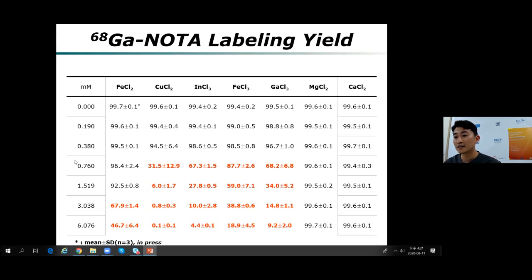After adding 0.760 millimole of copper to the gallium-NOTA labeled compound, the gallium was inhibited by 31%. Not detached, just inhibited. Indium inhibited the gallium labeling by 67%, and iron by 87%. It means that copper, indium and iron can also use NOTA as a chelator.